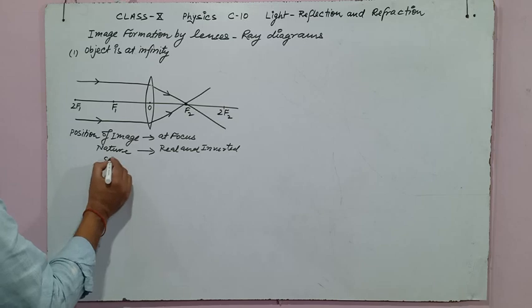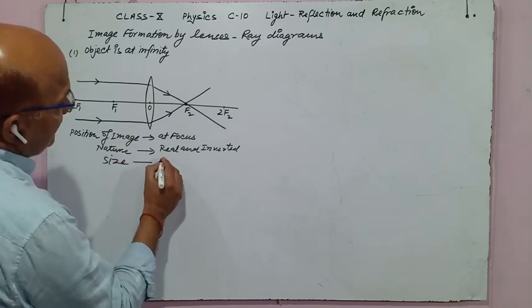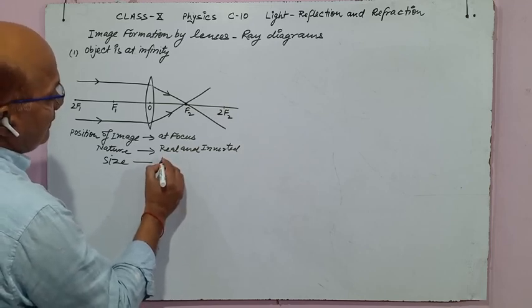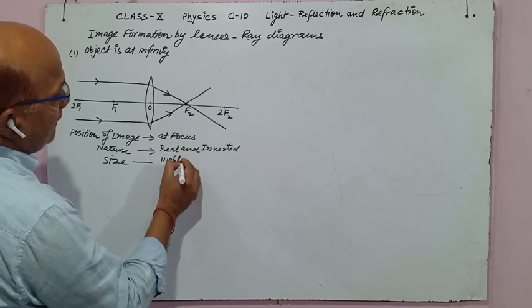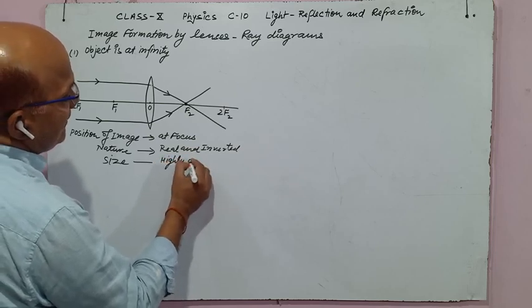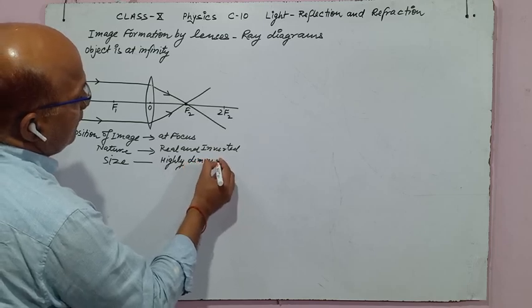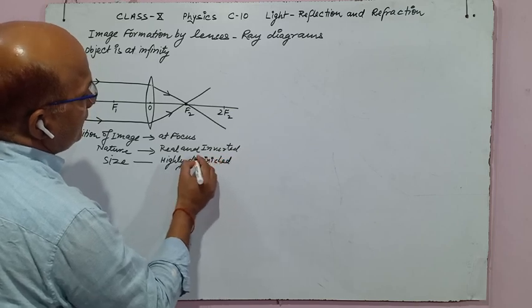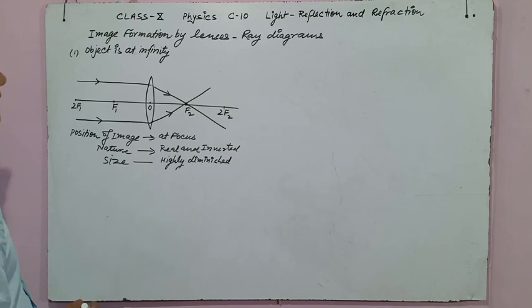And what about the size of image? The size of image is very small, so we will write highly diminished. Because this image is point size image, so image is highly diminished.